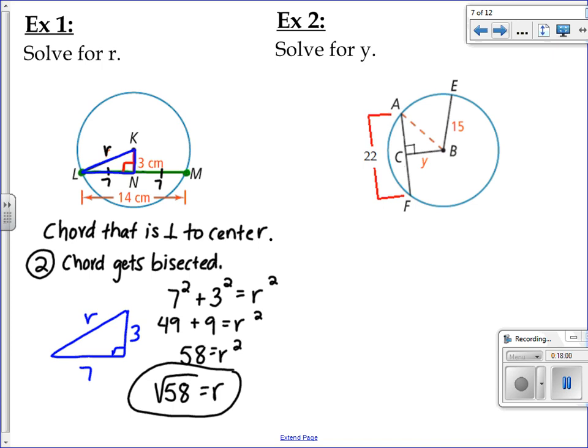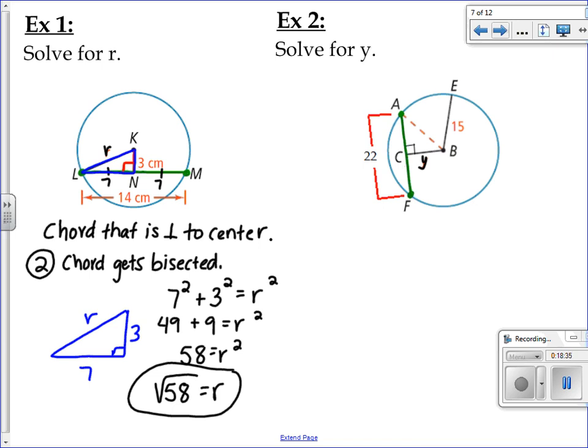Okay, I'm going to have you try example 2. Maybe try it on your own, pause the video, come back and see if your work matches my work. So when you look at example 2 here, we're solving for y. So this time y is not a radius because it doesn't actually extend from the center all the way to the edge of the circle. But let's analyze what we've been given. Well, we've been given a chord, AF.